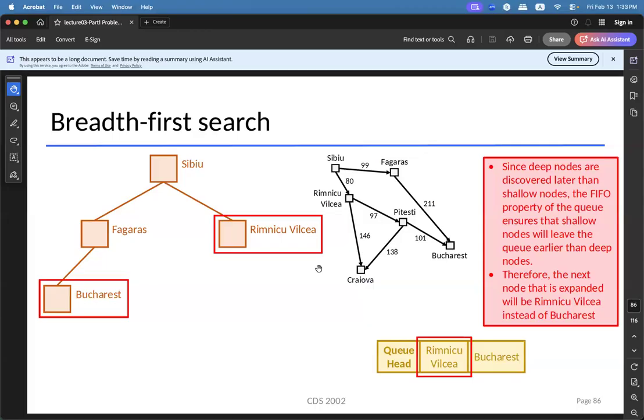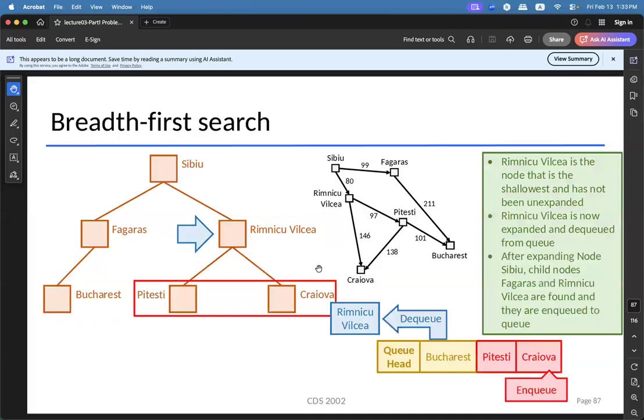And when we see the shallow node appear in an upper position closer to the head, it tells us that the shallow node appeared earlier in the search than the others. So we will explore the shallow node first, and when exploring it, we will also add Pitesti and Cmnea into the queue.